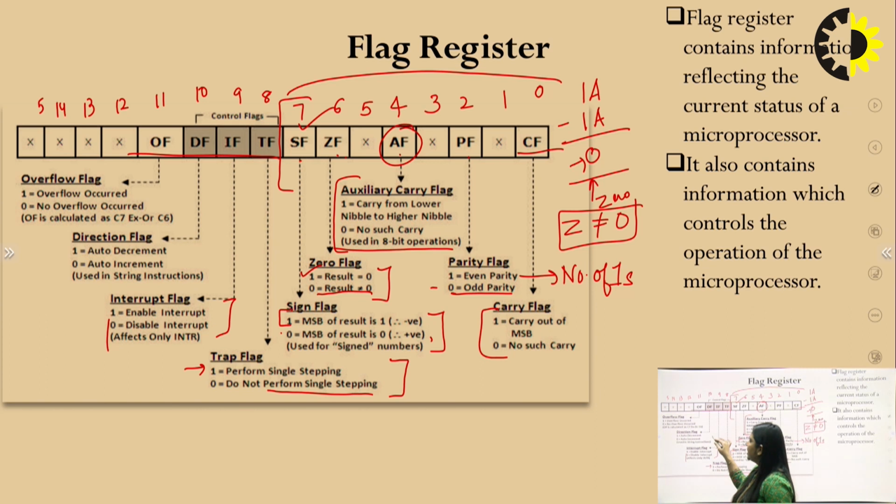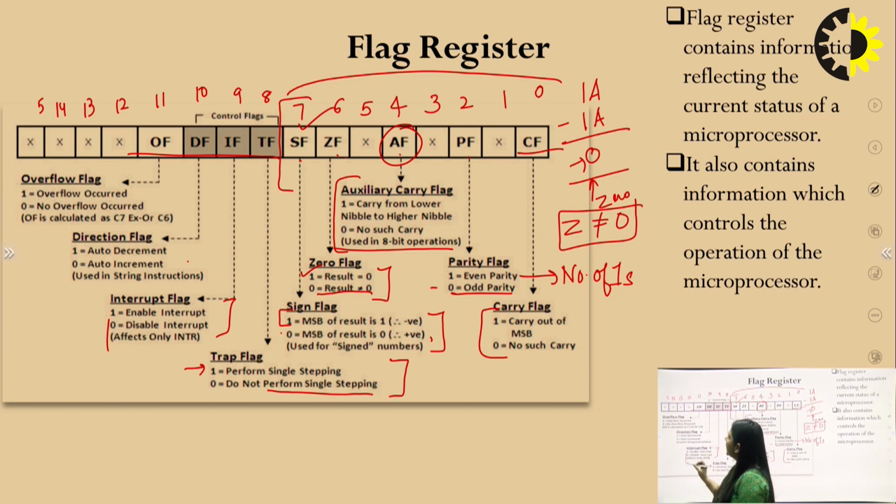Next is the direction flag. If the direction is auto decrement, meaning the numbers are decrementing, like from 10 to 9, 8, 7, 6, 5, then it will be 1. If it is incrementing, like 0, 1, 2, 3, 4, 5 in a sequence, at that time this will be 0.